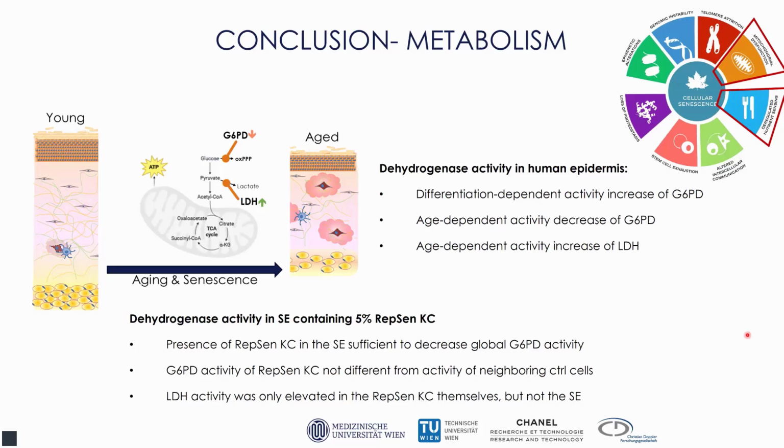And in our aged skin models, which contained 5% replicative senescent keratinocytes, the presence of these few cells was sufficient to decrease G6PD activity globally. And while there was no change of activity between the replicative senescent cells and their neighboring cells visible, we saw an increase of LDH activity exclusively in the replicative senescent cells themselves, but not in the total tissue.